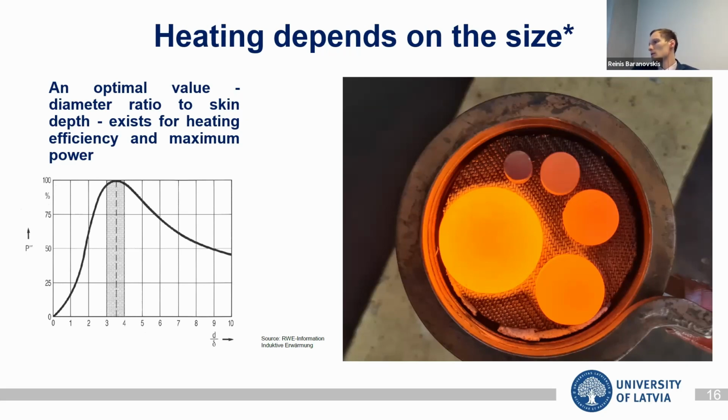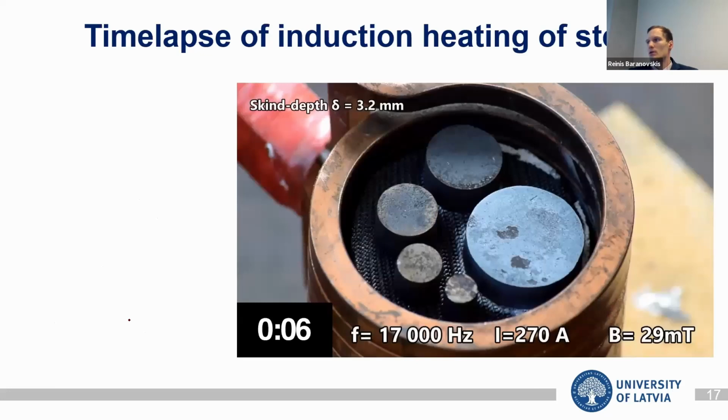Here again you can see the different diameter workpieces have different temperatures, and they have all reached their equilibrium state. The engineers have empirically found that this ratio of diameter to skin depth should be around 3 to 4, and then maximum power densities can be achieved.